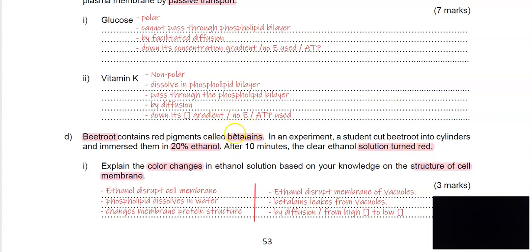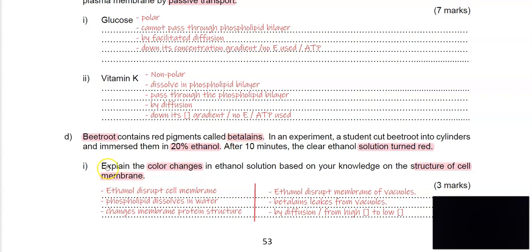So initially the pigment is in the cell of the beetroot. You have to explain how the pigment from the cell of the beetroot ends up in this ethanol solution and causes the ethanol solution to be red. So here you need to explain the movement of the solute, which is the pigment, the betalains.